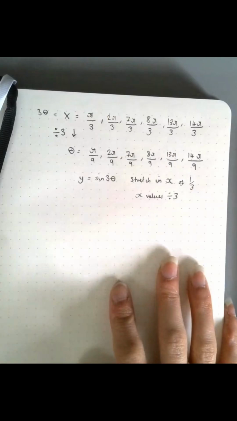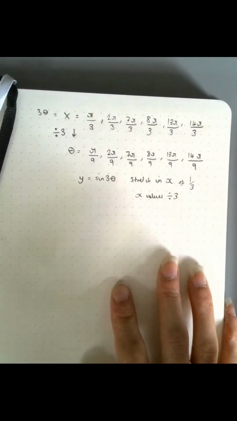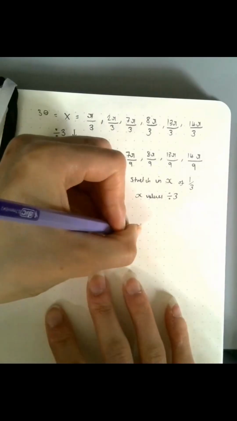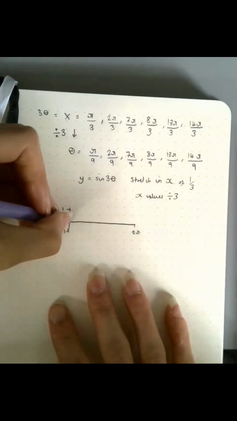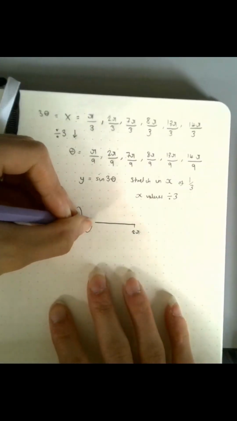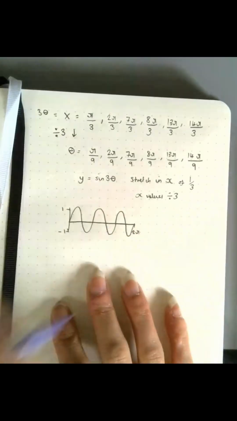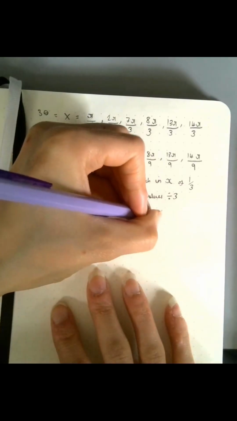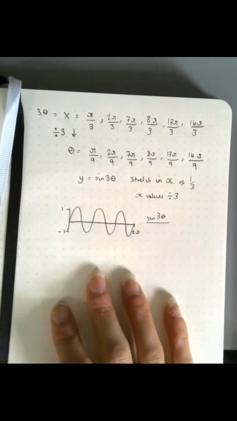That basically means that we are going to have 3 times as many sine waves within 2 pi, because it's getting squished by 3. So we'll have 1 sine wave, 2 sine waves, 3 sine waves for sine of 3 theta. That is why you're going to have 6 values. So the big X lets us just work with the sine or the cos graph, and then we amend that afterwards.